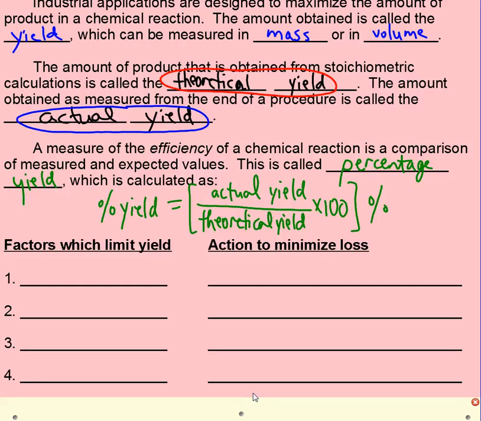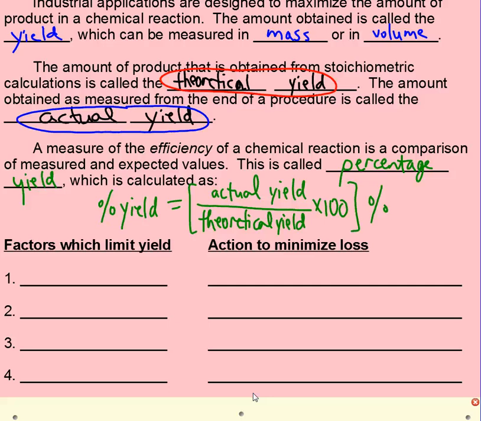We're referring to factors which just cause the amount of product to be limited or reduced. And there are actions that can be taken to minimize loss or low yield. One of the first things that we need to consider when we look at chemical yield in a reaction would be the experimental procedure.